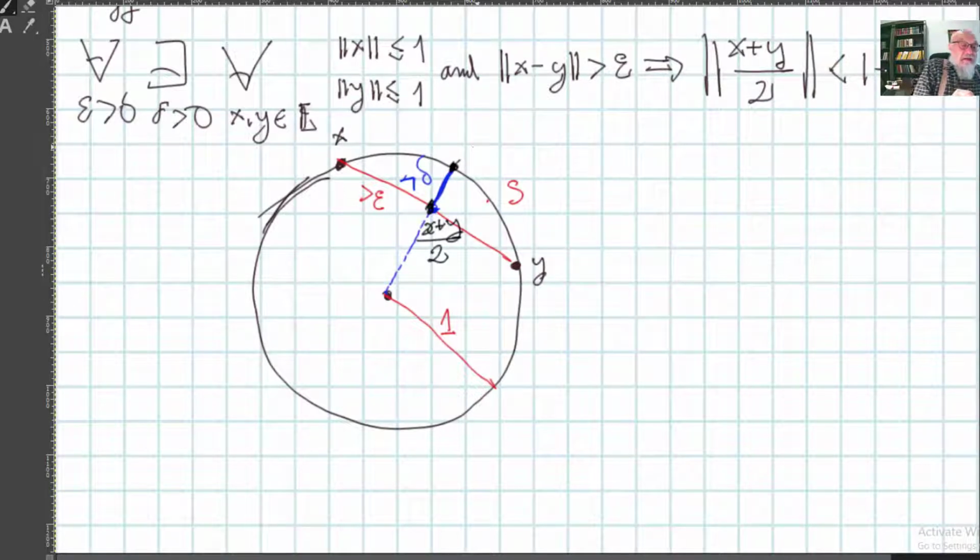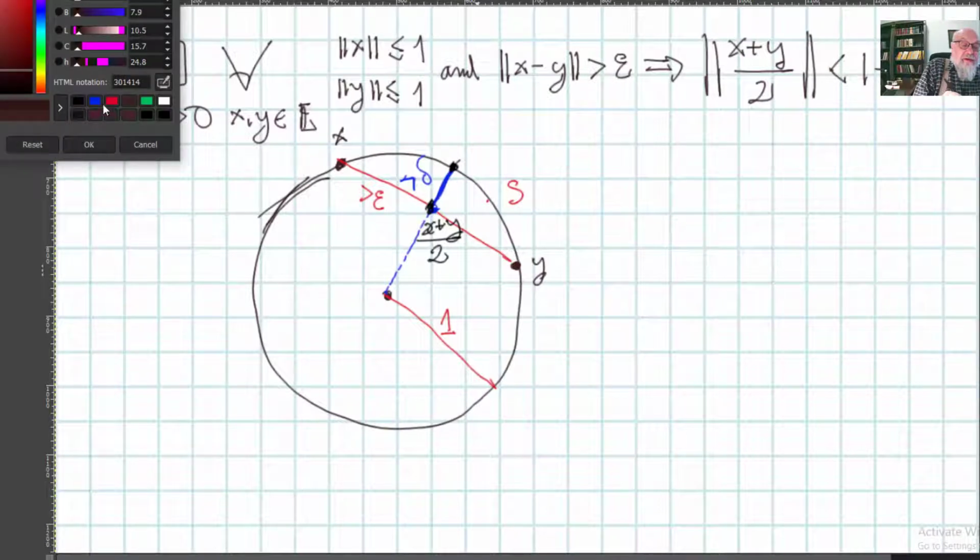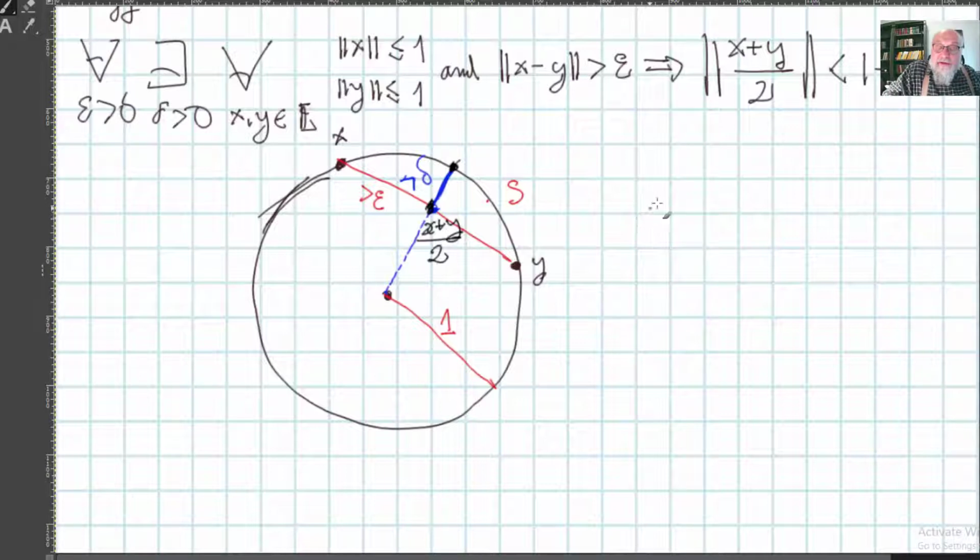So indeed, let's check if this is the case. What do I claim? I'm claiming simply that the norm of x plus y over 2 must be smaller than 1 minus delta.